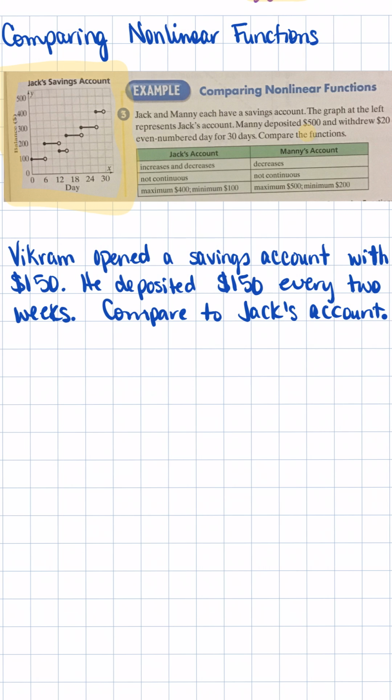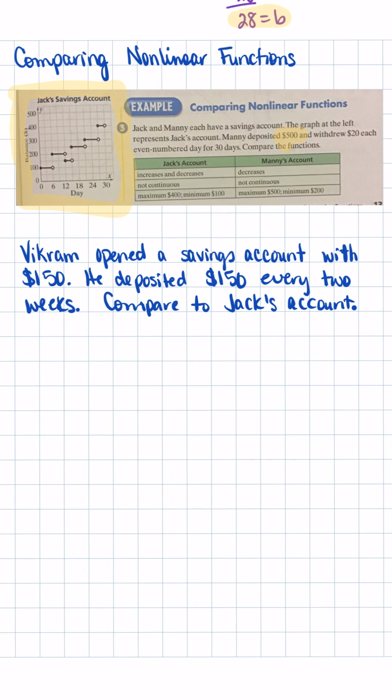Manny deposits $500 and withdraws $20 each even numbered day for 30 days. Compare the function. So Jack's account increases and decreases. Manny's account just decreases because he doesn't put money in.